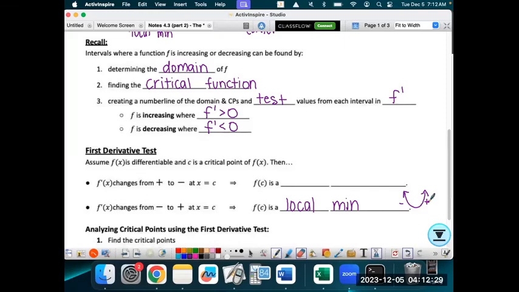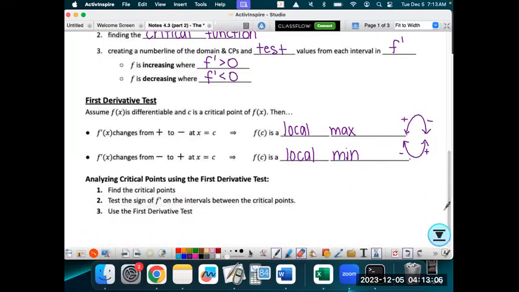And then conversely, if our slopes change from positive to negative, then the output at that critical point is a local max. We're also going to find another way to do this in, I don't remember if it's the next set of notes, but it will be coming up very soon, that we can find another way to see if we have local maximums or local minimums. But this is just one way that we could do this.